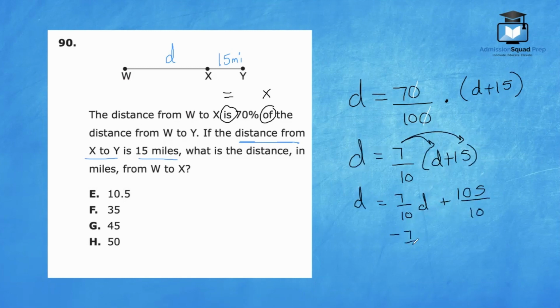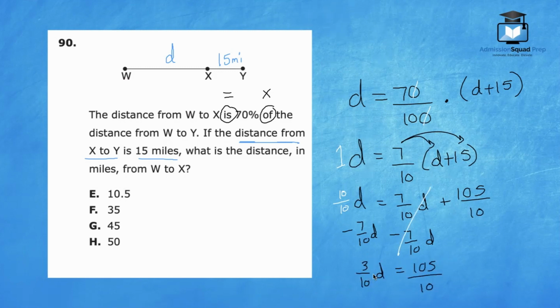So we will subtract 7/10 D on both sides of this equation. So it's easiest to express the 1D right here as 10 over 10, because then we can go ahead and subtract these two fractions with ease. When we subtract 7 over 10 D from 10 over 10 D, we have 3 over 10 D equals 105 over 10.